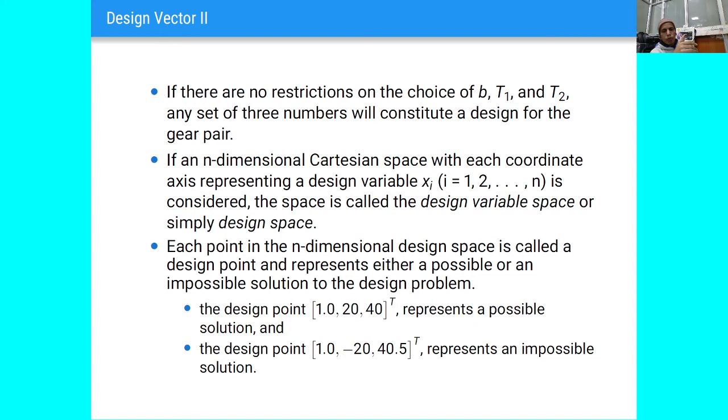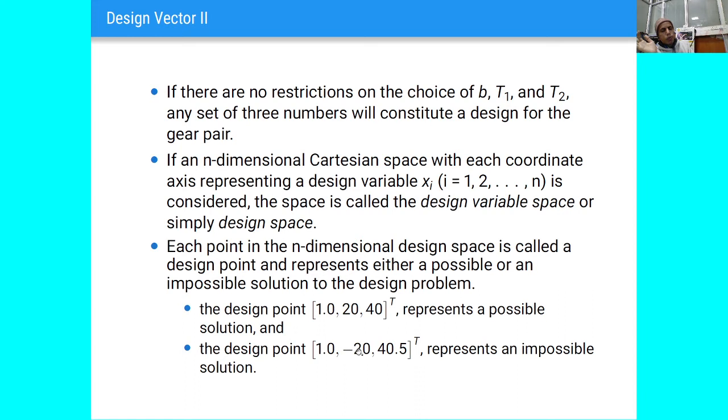Okay, so there is also one other combination, one set, where the value is b equal to 1 centimeter, t1 equal to minus 40, and t2 equal to 40.5. So for clarity, I have also taken one impossible solution example. Under this design set, b equal to 1 centimeter is possible.